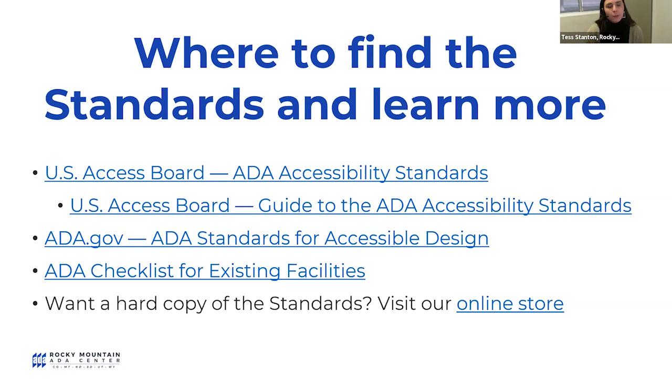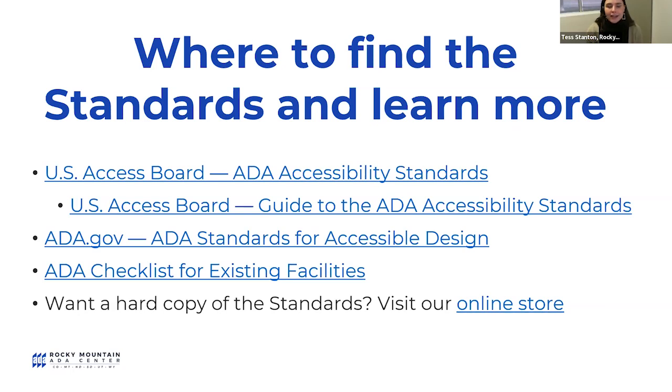The U.S. Access Board also provides a guide to the ADA accessibility standards. That's just a more plain language version that gives guidance on how to execute the ADA standards and how to go even above and beyond the ADA standards to provide maximum accessibility.